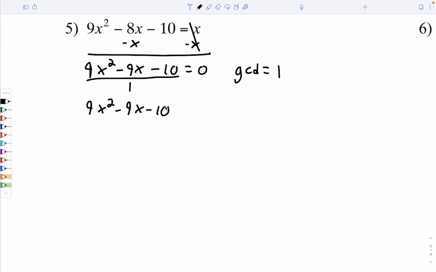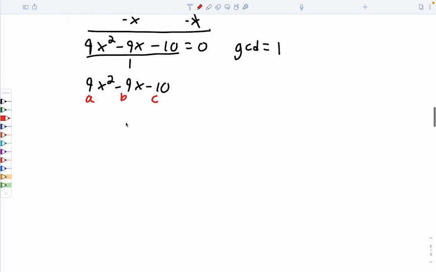Now, how many terms are there? Three terms. So there's a 3-term, we're going to do the 3-term method of factoring, which is identifying A, B, and C, making our number puzzle.